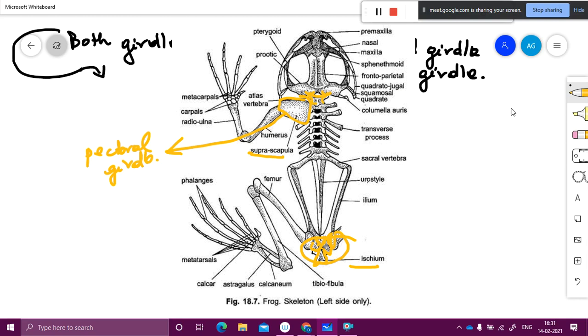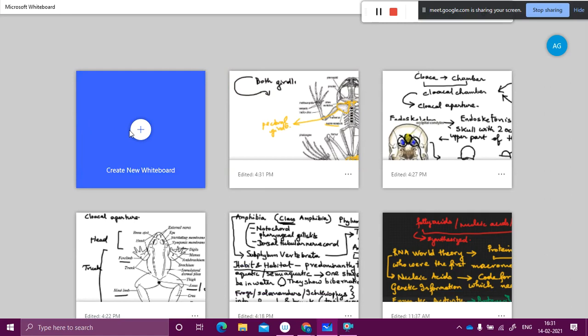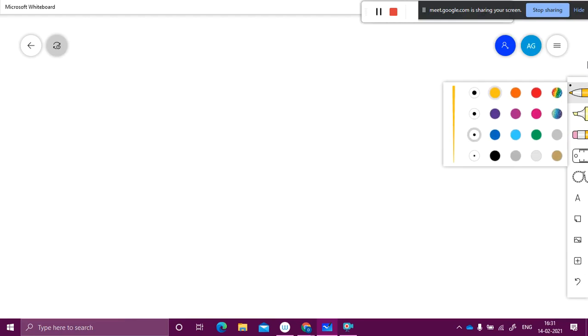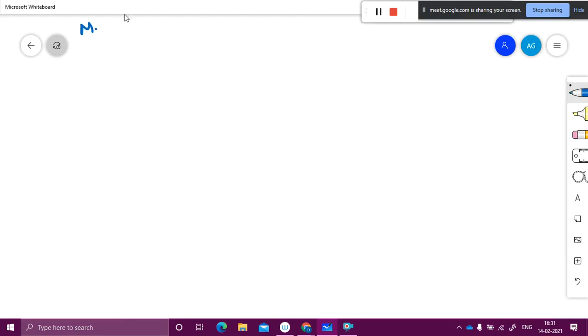Now let us go to the internal structures. Most important character is the mouth.